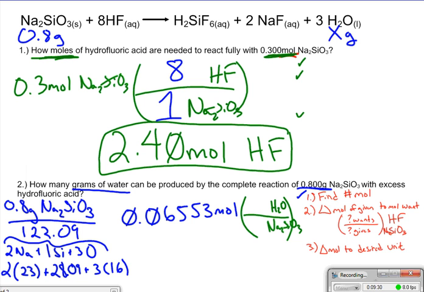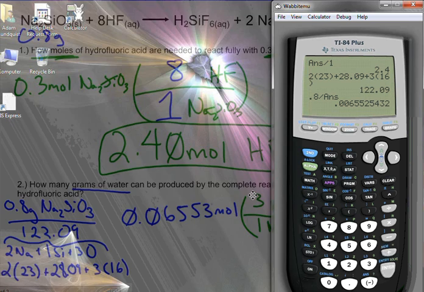So again, it's the coefficient. Coefficient in front of water is 3. Coefficient in front of sodium silicate, no number, so that means it's a 1. So I'm going to take my answer that's in the calculator, and I'll multiply it by 3 divided by 1.